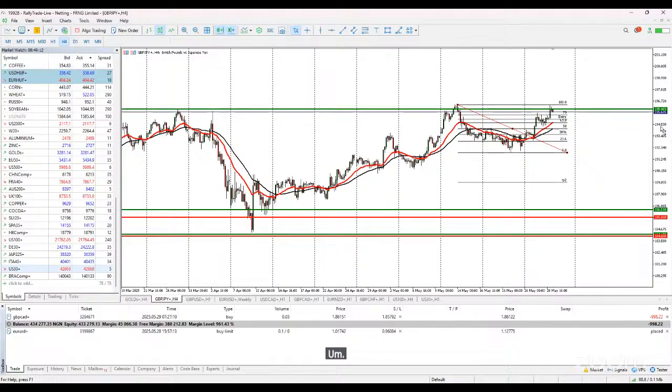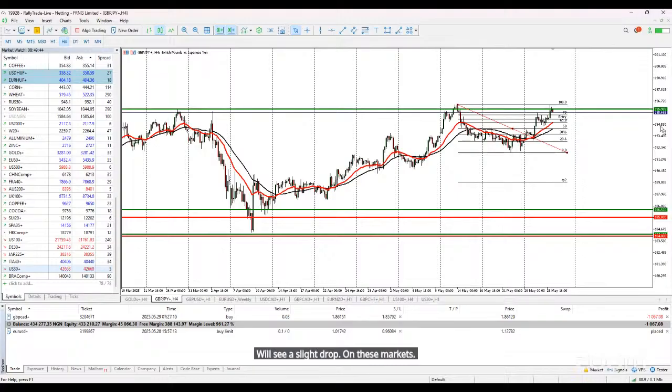This kind of movement signifies that the market already touched the resistance region. When the market is at the resistance region, what do we expect? Even if it will break, we'll see a slight drop on this market.